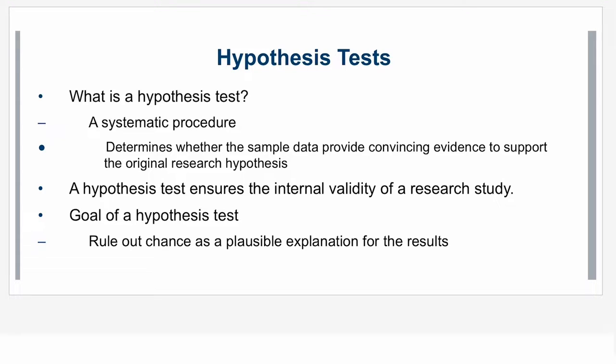It's also a way of testing the internal validity of a research study. The hypothesis test ensures internal validity, because you remember, internal validity means there are no alternative explanations for your results, and that's what you want, right? You want the only explanation to be that the difference is real, that the treatment had an effect, or whatever your study is.